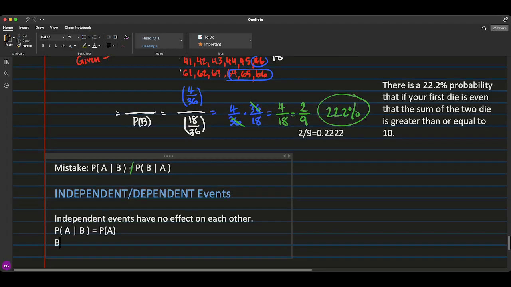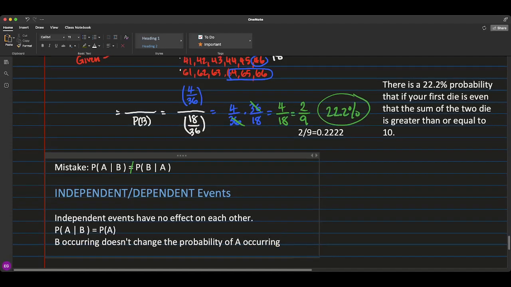So in other words, B occurring doesn't change the probability of A occurring. Okay, I can't spell occurring properly. If they are dependent, then this will be different. The probability of A given B will not be equal to the probability of A.